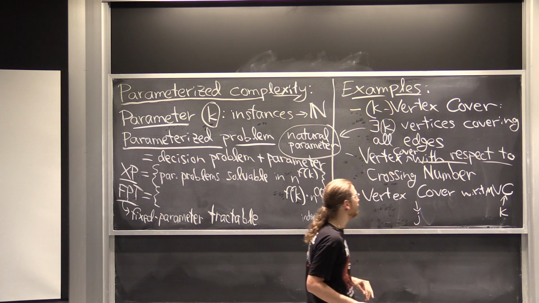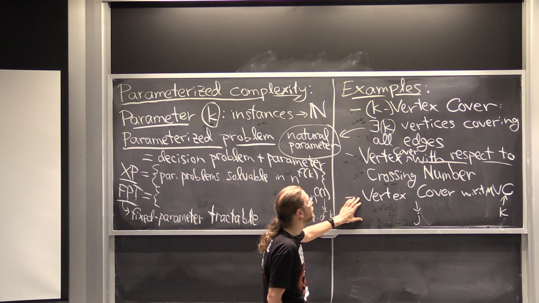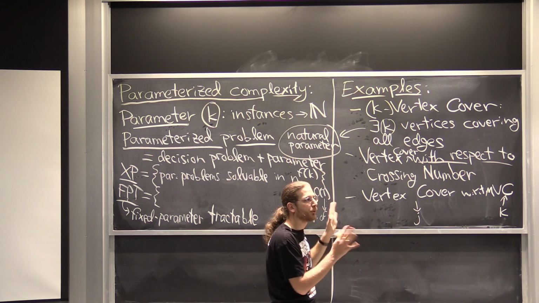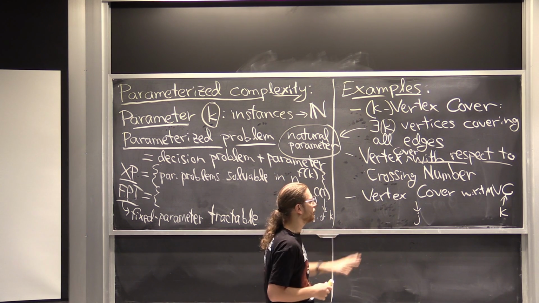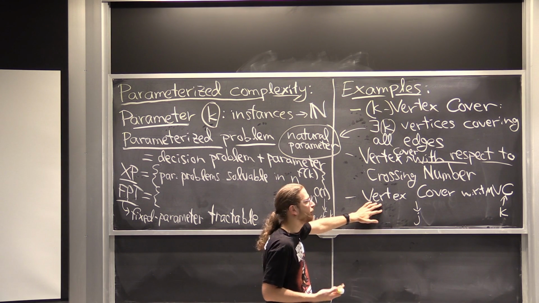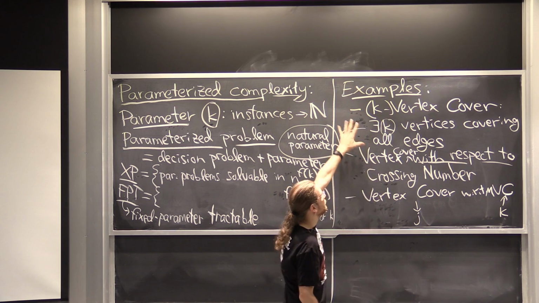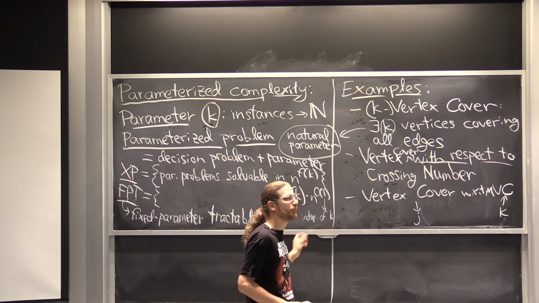So that's a subtlety. In general, this is kind of messy to work with, so we usually think about k being an input, but that reduction sort of shows they're more or less the same. But the complexity theory for this is annoying. In the same way that for NP, we restricted to decision problems, here we're going to usually restrict to the natural parameter.